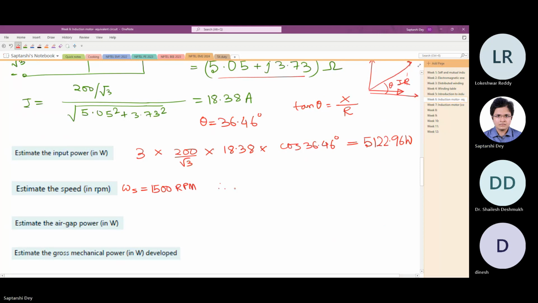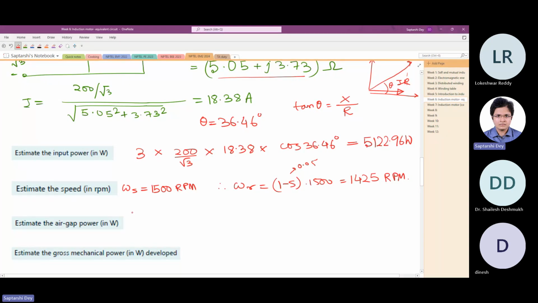So the speed of the rotor is (1 minus S) times 1500 RPM. S is given as 5%, so 95% of this, which is 1425 RPM.